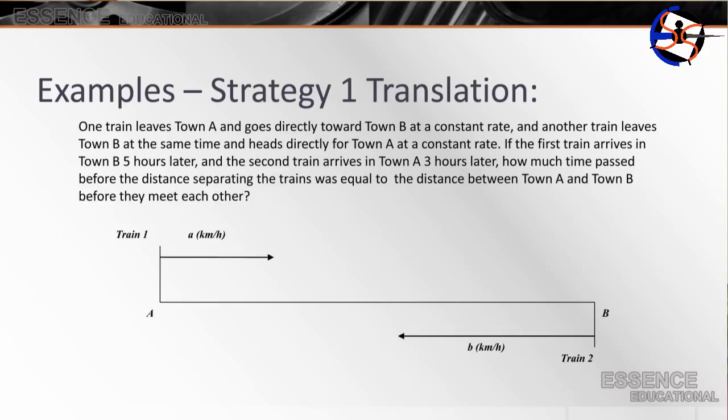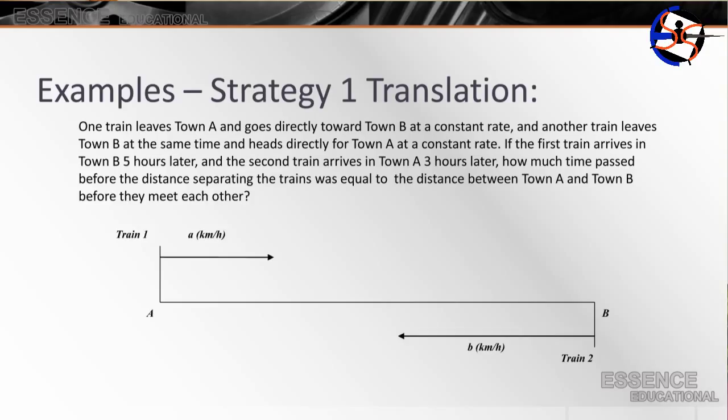One train leaves from town A to town B at a constant rate. Do you know the rate? No, it's unknown. As we said, to translate, you use letters to represent the unknown. So we say this train moves A kilometers per hour, moving from A to B. You draw a figure.